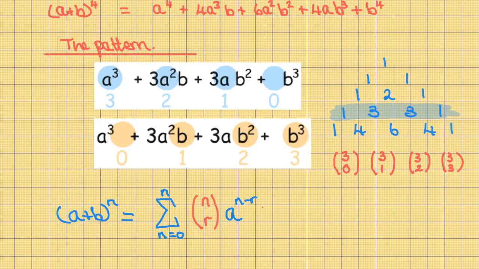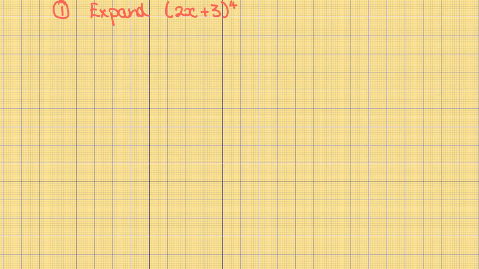And the term in b is ascending, it is to the power of r. So the general expansion for a plus b to the power of n is equal to the sum of n choose r of a to the power of n minus r times b to the power of r from r equals 0 to n.